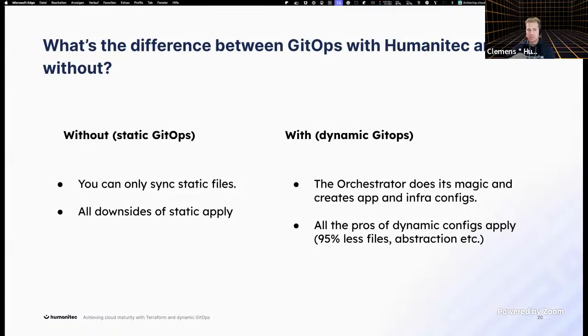So what's the difference between GitOps with and without Humanitec, or in a static way or in a dynamic way? In static, you can only sync static files until you invest a lot of work or you invest your developers' cognitive load into learning things like Kustomize, for example. So you can start on templates, then during the process of creating something inside of your GitOps workflow, you need to invest into turning these static definitions into at least some variants.